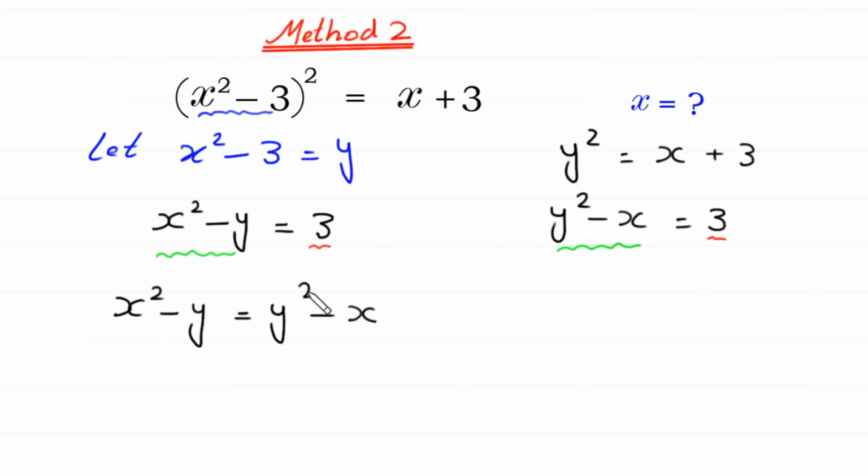Now we move this y squared and this minus x to the left side. x squared, this plus y squared becomes minus y squared at the left side. Then we write this minus y, and this minus x becomes plus x at the left side, is equal to 0.